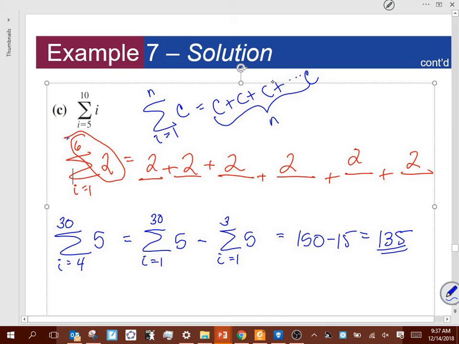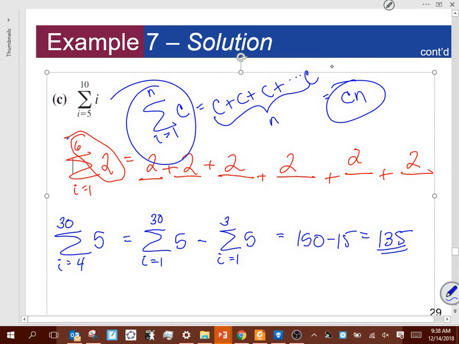Well, if I have an object written out n times, okay, that's repetitive addition, right? Repetitive addition is taking that object times how many of that object you have. So when I have this summation, I can always rewrite it as C times n, so I can get there quicker. Does that make sense? Okay, so I don't have to write them all out.